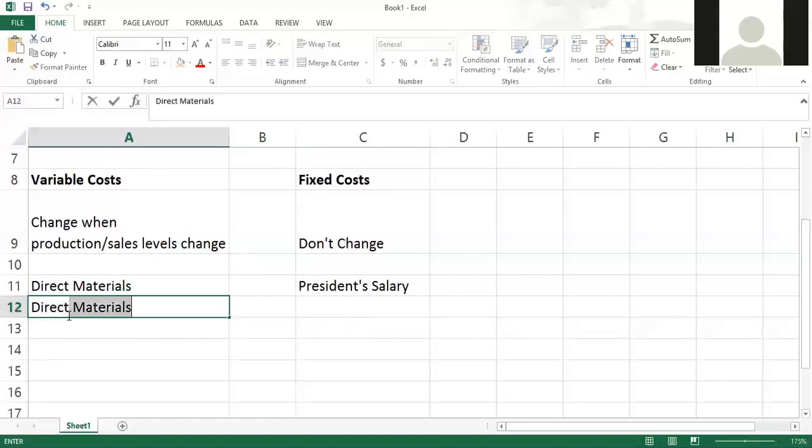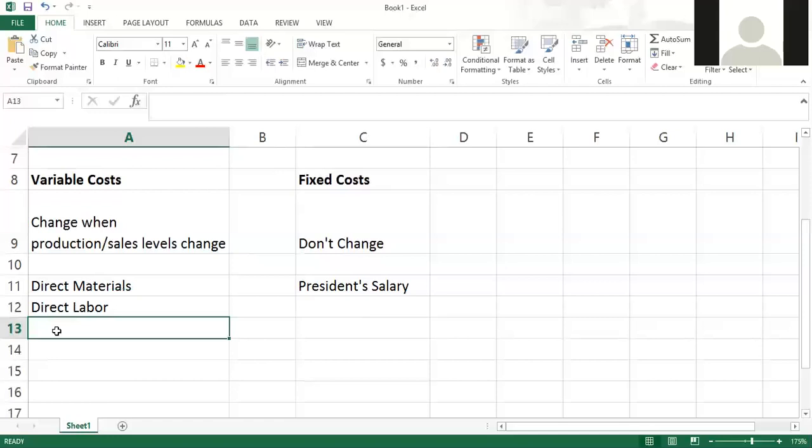Other common ones. Direct labor variable. Again, the textbook uses the assumption that you're going to have a fluctuating pool of people and hours of labor time. If you don't make too many products, then you don't spend too much on labor.